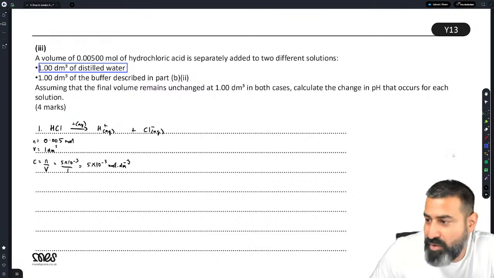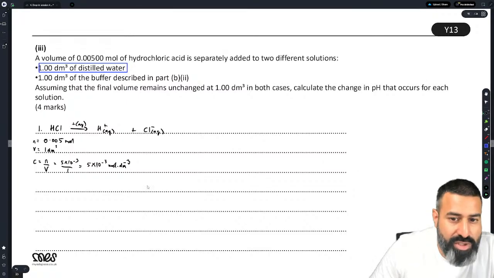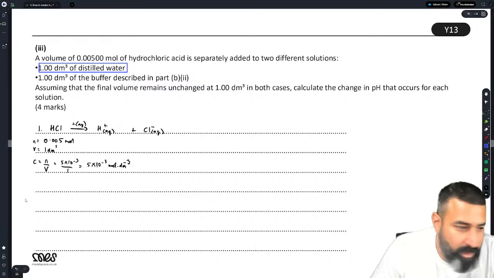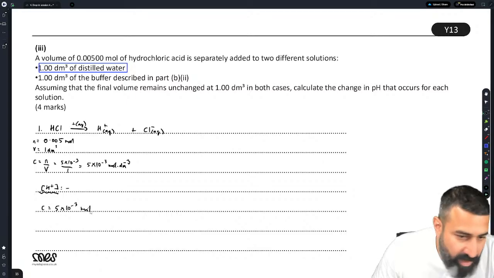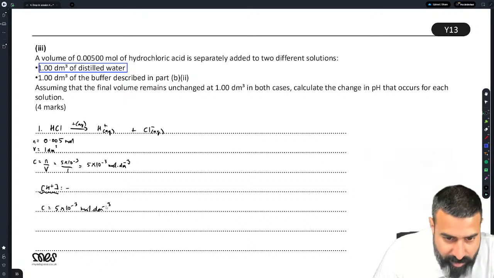Yeah, okay, so that's the concentration of HCl. So what's the concentration of H plus? Yeah, it's 5 times 10 to the minus 3 moles per decimeter cubed.